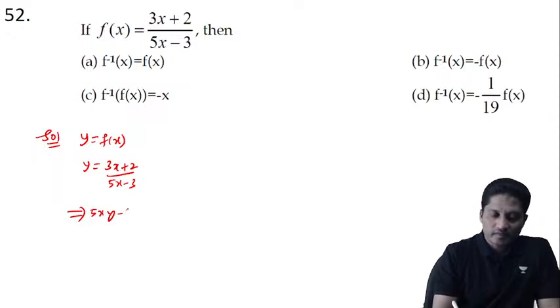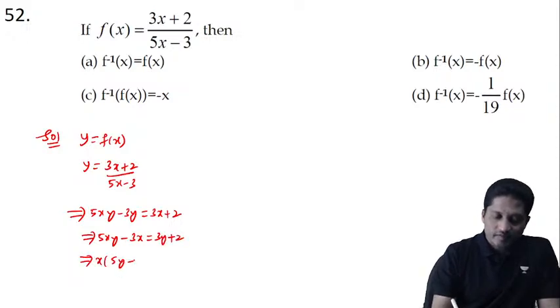5xy minus 3y is equal to 3x plus 2. Now this is 5xy minus 3x is equal to 3y plus 2. I'm going to take x common: x times 5y minus 3 is equal to 3y plus 2.